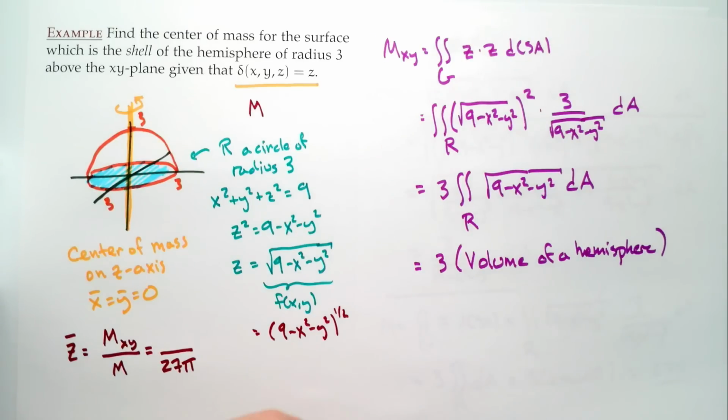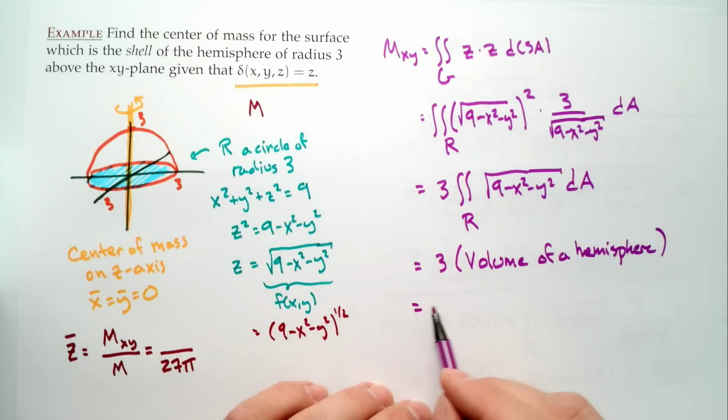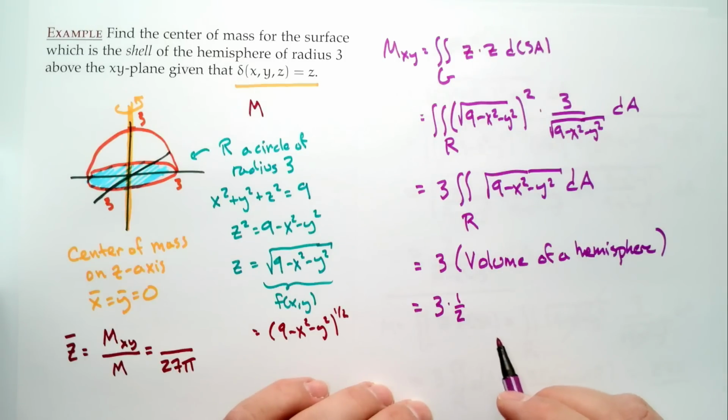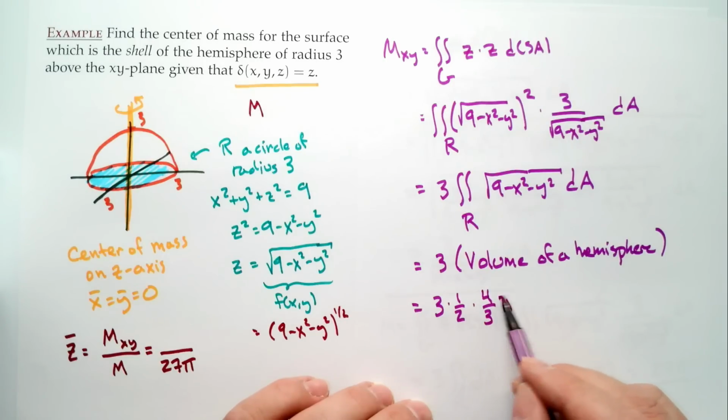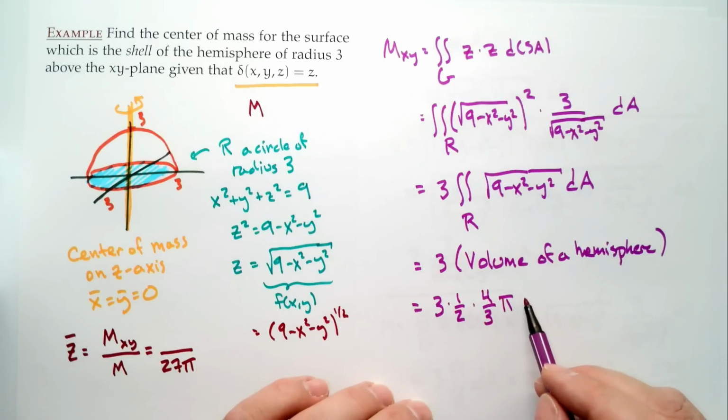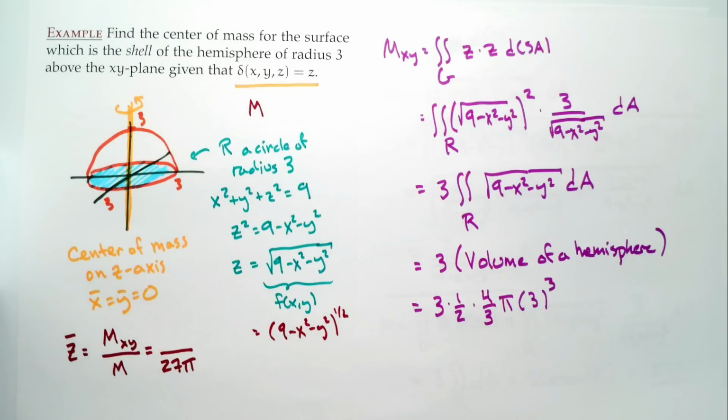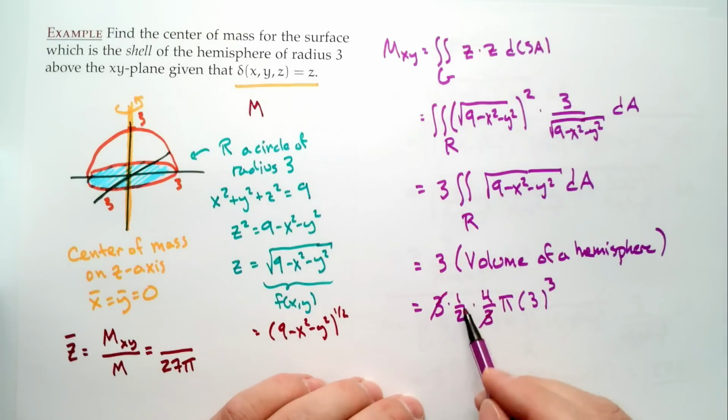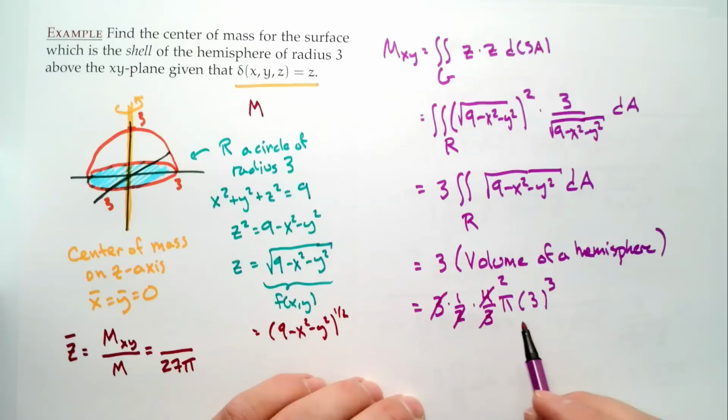Now, this only helps us if we know how to find the volume of a hemisphere. Well, that's not bad. That's half of the volume of a sphere. And the volume of a sphere is 4/3 pi r cubed. In our case, our radius is 3, so 4/3 pi 3 cubed. Now, we can cancel a 3. We can also divide the 2 in here. And so what do we end up with?